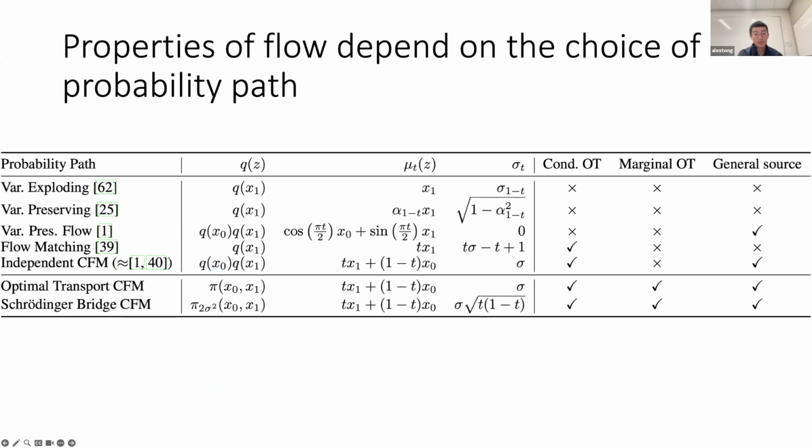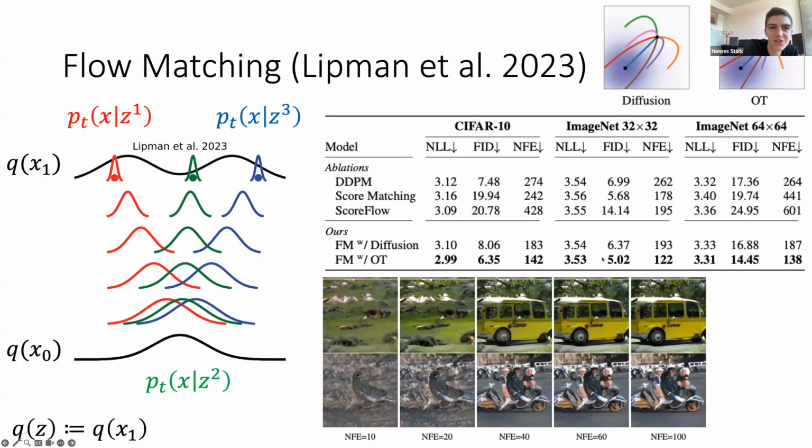There we have FM with the diffusion path, and we have FM with the OT path. But FM with the diffusion path still isn't exactly how we train our diffusion model, because in our diffusion model we only predict the score and we don't predict the f. So we're learning something extra.